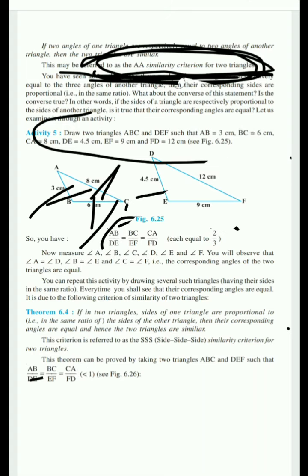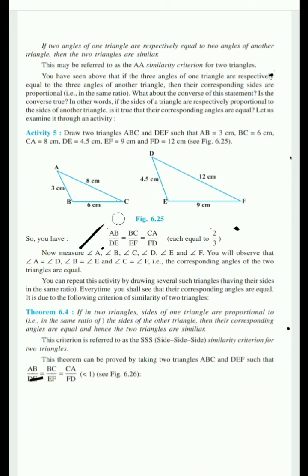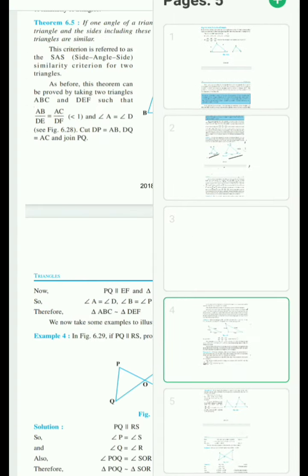So here theorem 6.3 and theorem 6.4 are inverses. Meaning if we take equal angles, the sides will automatically be proportional, and if you take proportional sides, the angles will automatically be the same. So this was the theorem.